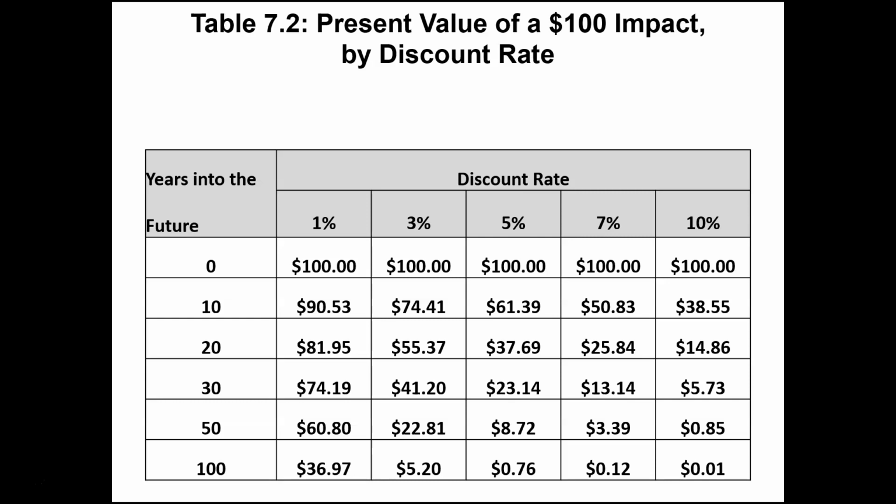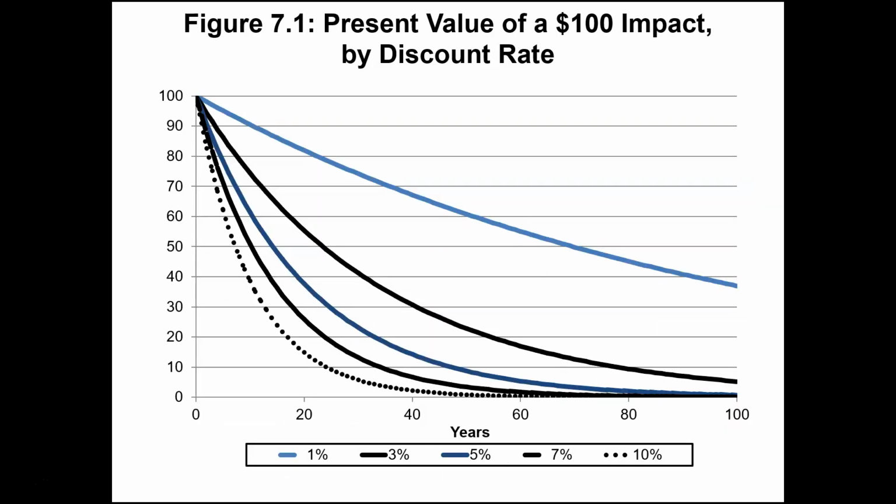And so this table and then the graph on the next slide, which just graphs those exact same numbers from the table, shows the declining value of money over time depending on what that discount rate is. And that just shows the importance of understanding what goes into that discount rate and how we calculate it when we're trying to decide on the value of a certain policy.